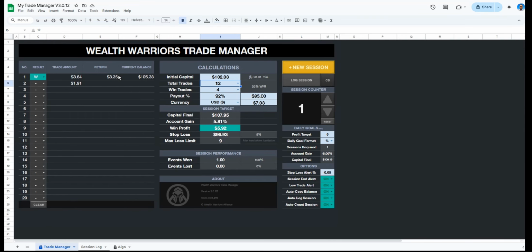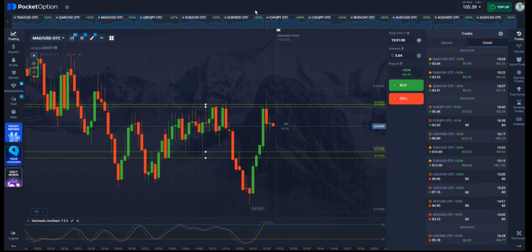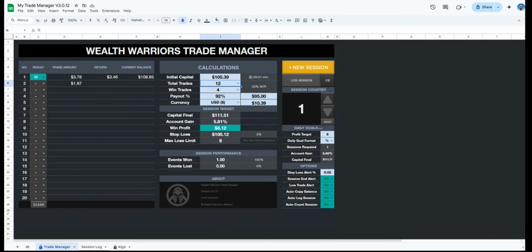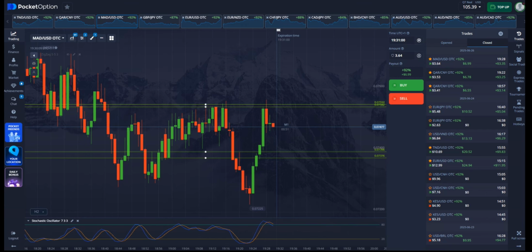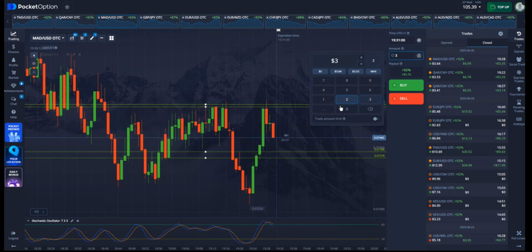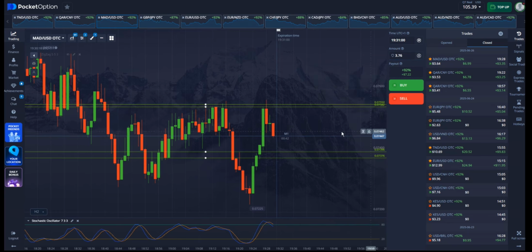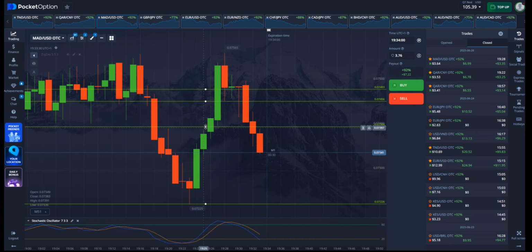105.39. So we are trading with 3.76. Target of the market.